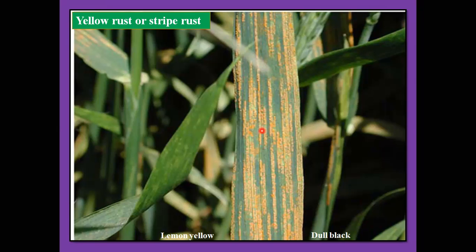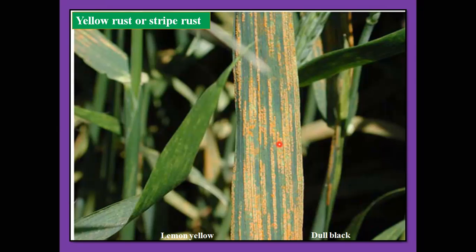These stripes are generally yellow to orange-yellow in color. But as the disease progresses, these orange-yellow uredopustules turn dull black in color.